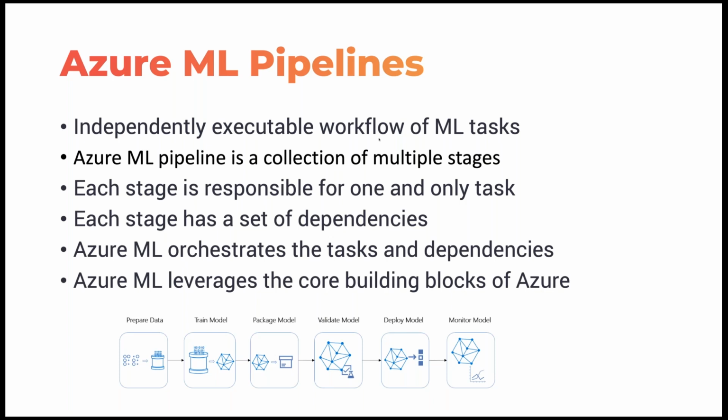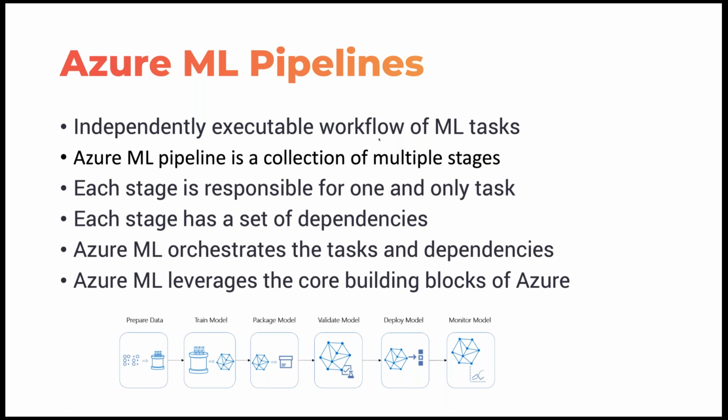So basically, Azure ML pipeline is a very consistent, repeatable workflow to bring in multiple stages of a pipeline and to effectively orchestrate it to manage the end-to-end lifecycle of the model and your project.